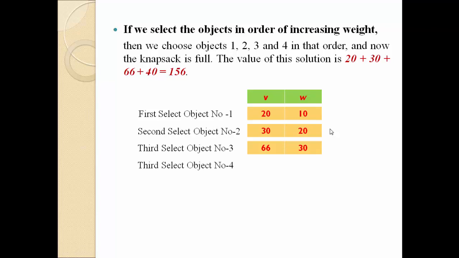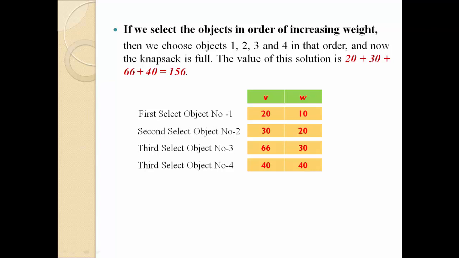So select object number 4 which has a value 40 and a weight also 40. So total is 10 plus 20 is 30, 30 plus 30 is 60, 60 plus 40 is 100. Now we cannot select any object to fill the knapsack because total weight is 100 and the maximum 100 weight is allowed.